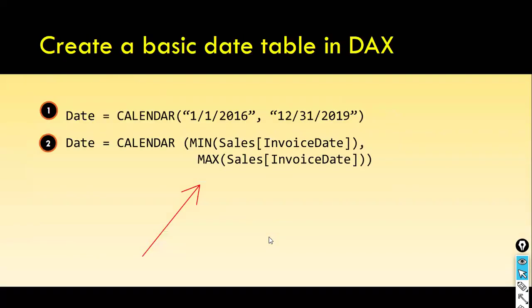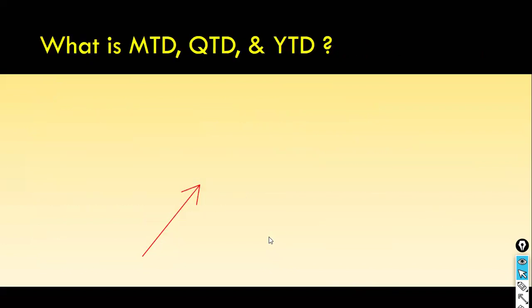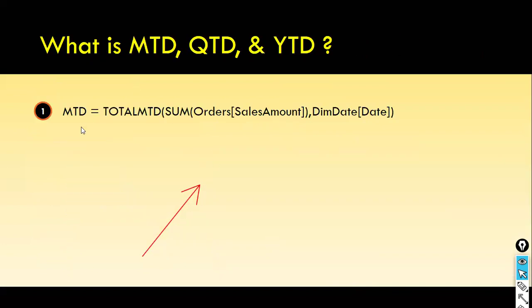Similarly, we have month to date, QTD, all of them are available. Look here, this is TOTALMTD. So here, sum of sales amount, comma, your date column in your date dimension table. All you need to do is give two parameters to this function.